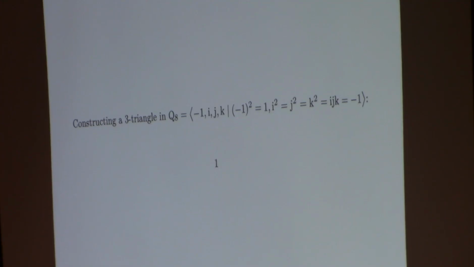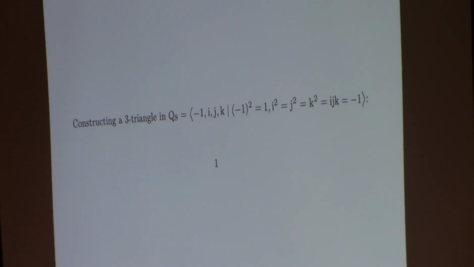You can do the quaternions with just two generators, but this is a more well-known presentation. i squared is -1, but then so is j squared, so is k squared. To help you recall, i times j gives k, j times k gives i, k times i gives j. If you flip those, it negates those products.